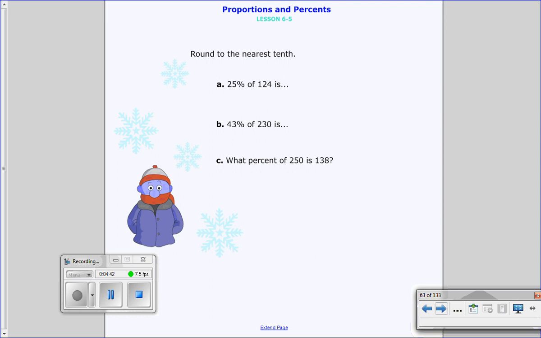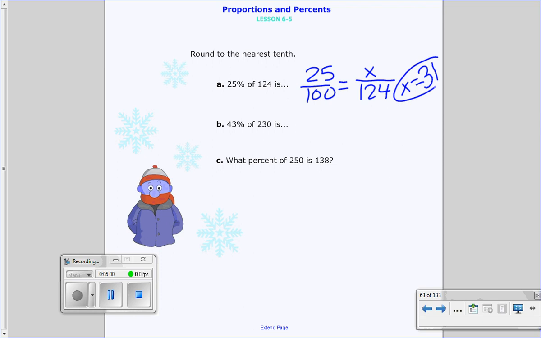So for A, 25% out of 100 of 124. So you solve that one. So you do 25 times 124, and then you're going to divide that. Oh, I think we already did that problem. We get x is 31. Here we have 43 out of 100 of 230.